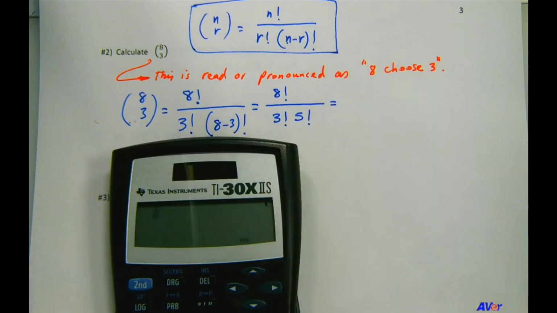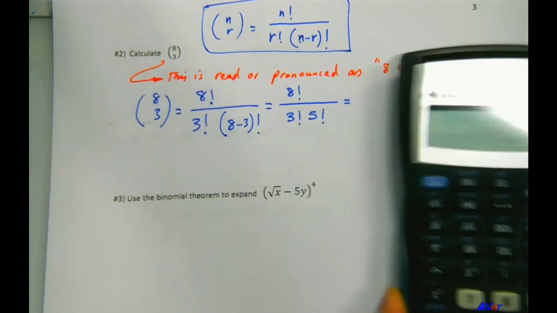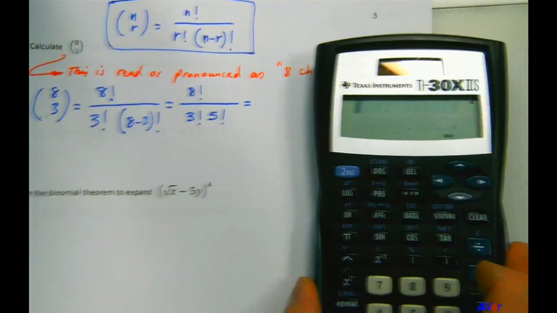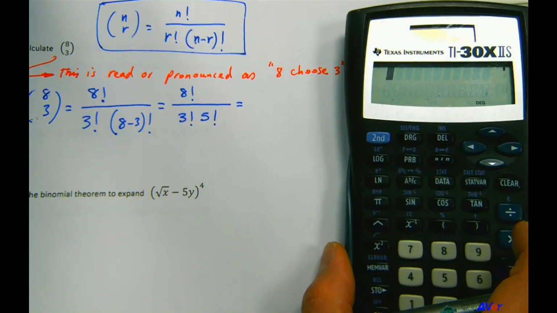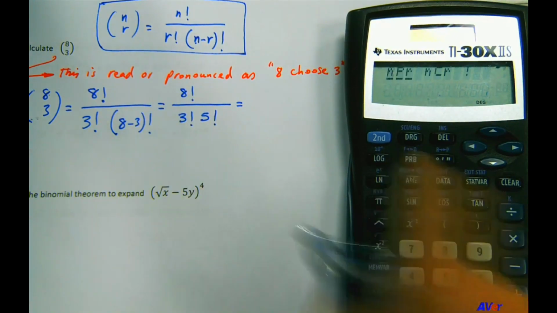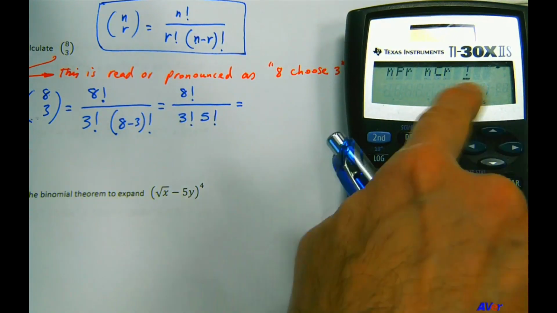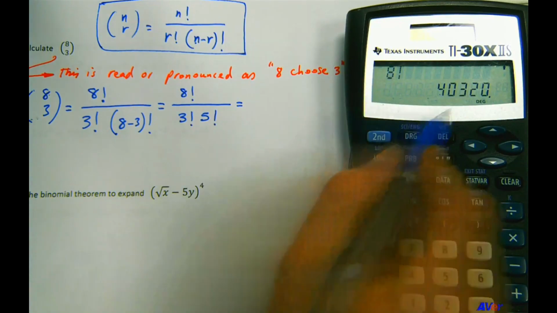So 8 factorial, let me put that here. I think it looks like that. Okay. So first, let's calculate 8 factorial. 8, PRB button. I'm going to scroll over to the exclamation mark, which is the factorial notation. 8 factorial, enter, it's that number in the numerator.